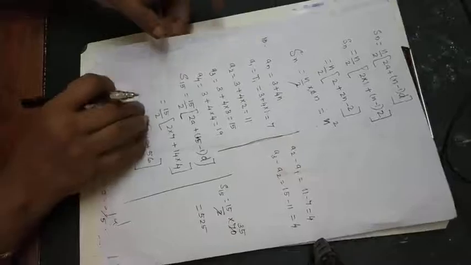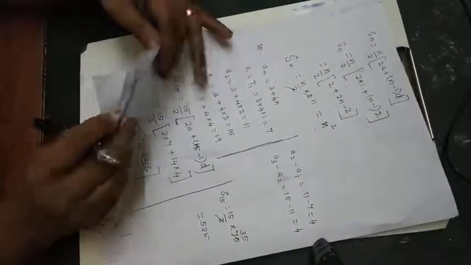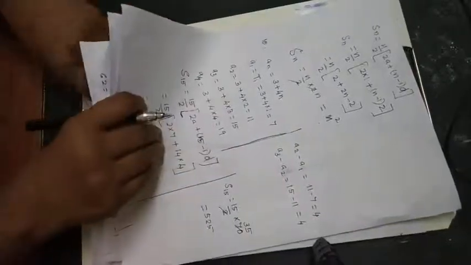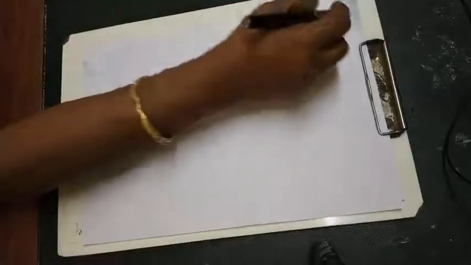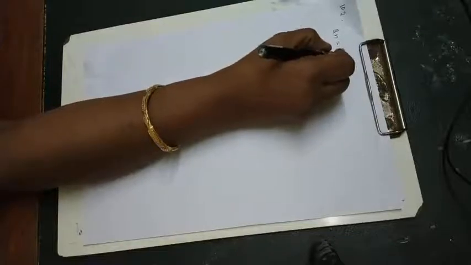So second question, 10th sum, second one. An is given there, 9 minus 5n.